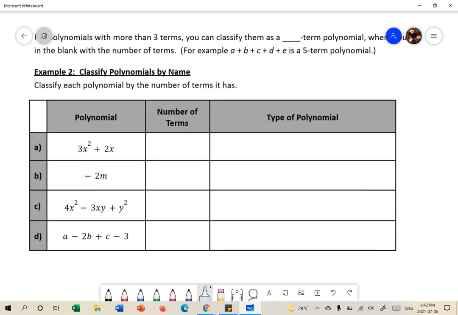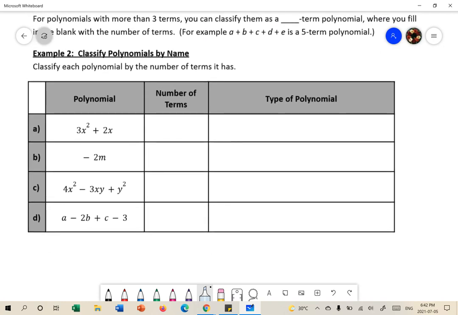Let's practice classifying polynomials by name. So we have 3x squared plus 2x. So we have 1, 2 terms. We would call this a binomial. Next, negative 2m.